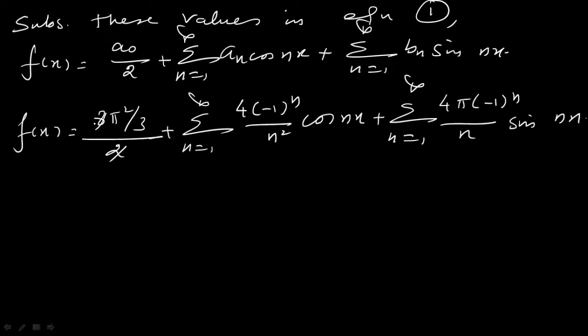So here 4 twos are 8, isn't it? And the second term, 4 is a constant, take it outside of the summation. Here itself 4 pi is a constant, so take it outside of the summation.